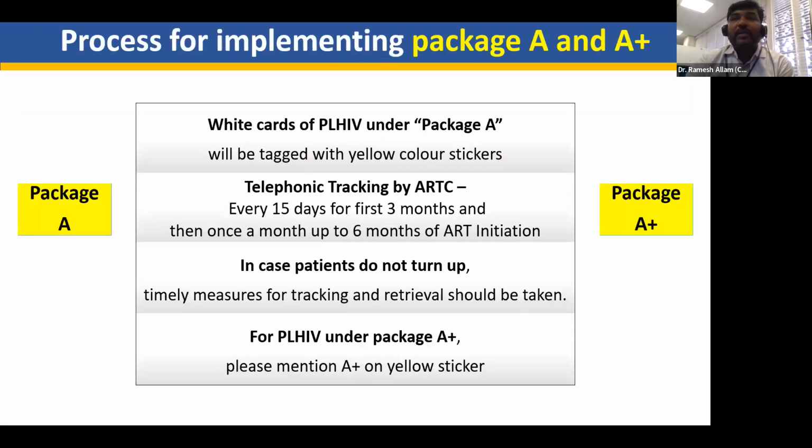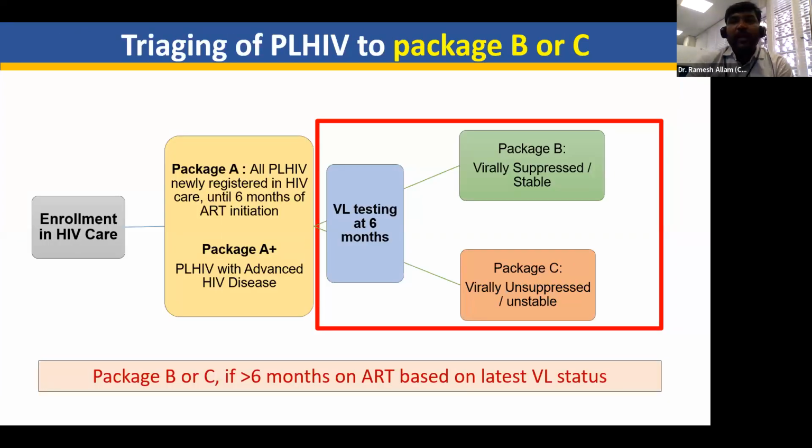Now, on the white card, if you see the guideline, what they say is you put up a yellow sticker and put on that particular white card A or A plus, depending on it. All new patients should be marked like this on the white card. Now, if you had a patient who got his viral load test now after 6 months, the next two packages will happen only if you have a viral load.